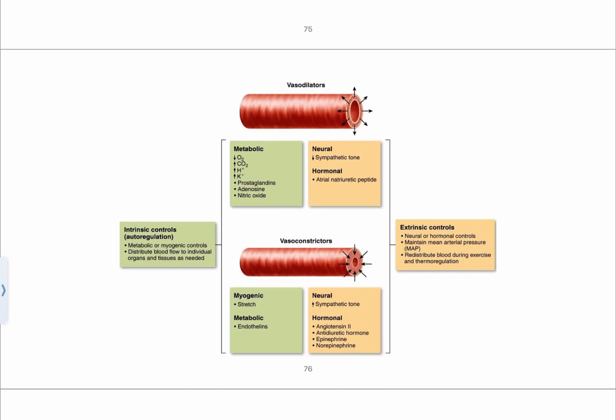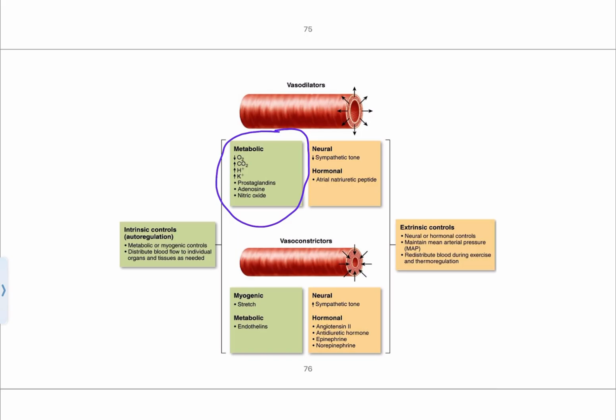So then this is a good little table or image diagram showing you different things that cause either vasodilation or vasoconstriction. So we have metabolic controls that are going to cause vasodilation. Again, we want to increase our blood flow, which is accomplished by dilating our blood vessels if we have low oxygen levels in our tissues, because that means we're using more oxygen than our tissues are receiving.